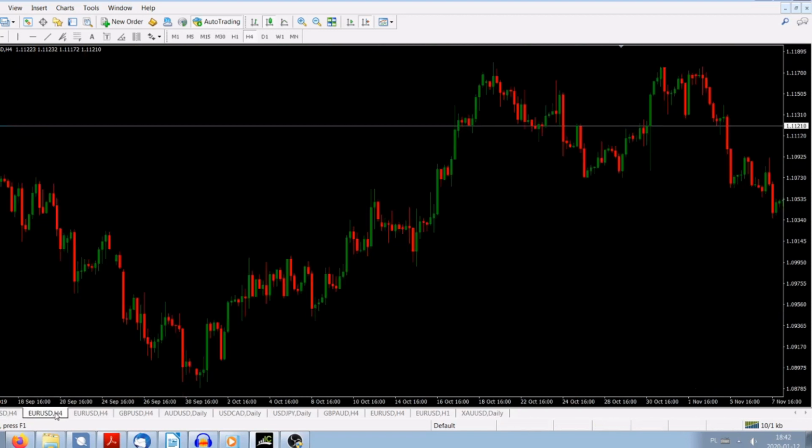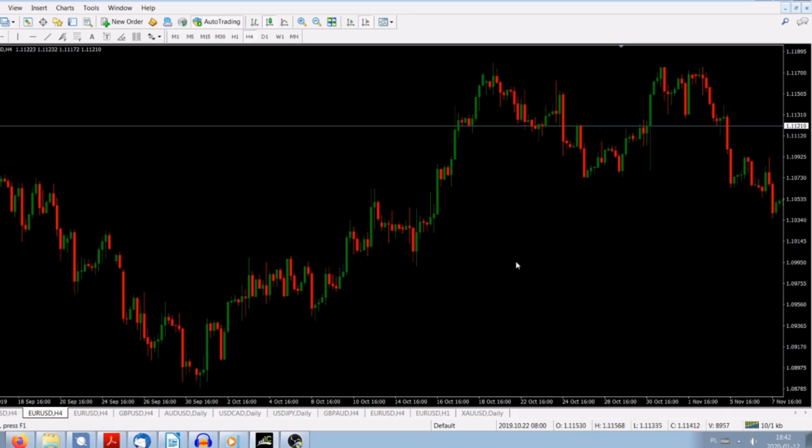From this chart, the first thing we have to determine as a cycle is where the first leg of the cycle is, the first start of the new trend. At the moment we are on the H4 chart on EURUSD, and as you can see, the first leg is that little bastard here. So we have to determine it in such a way.